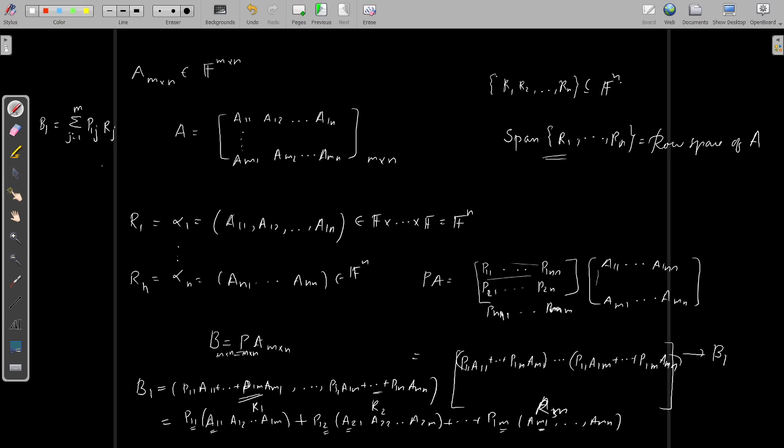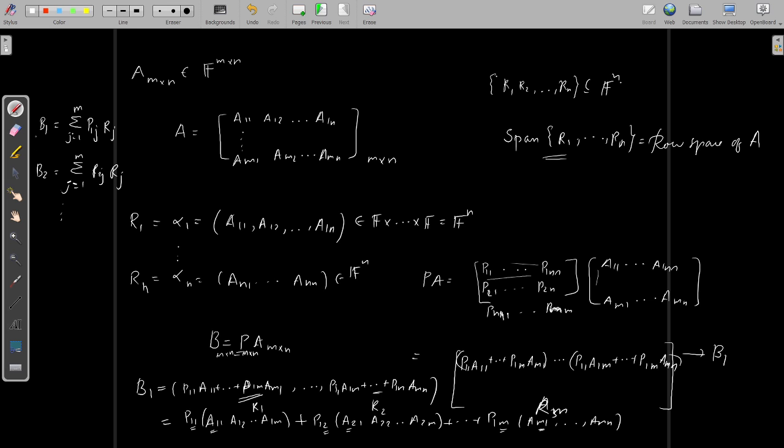So P11 here, then P12, P13 and so on. Similarly, B2 can be written as the sum over j equal to 1 to m of P2j Rj, and so on.